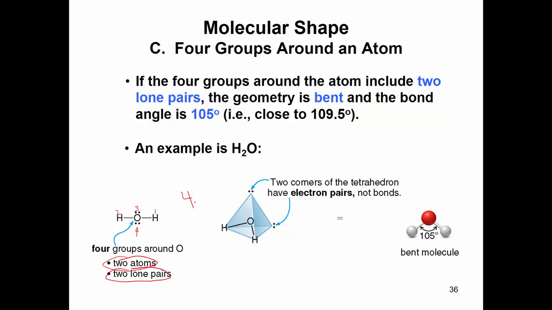So we still have 4 groups around the oxygen, but we have 2 bonded and 2 lone pairs. And we get a bent bond angle, with an angle of about 105, so still close to that 109.5 that the tetrahedral was. But this is our bent molecular shape.